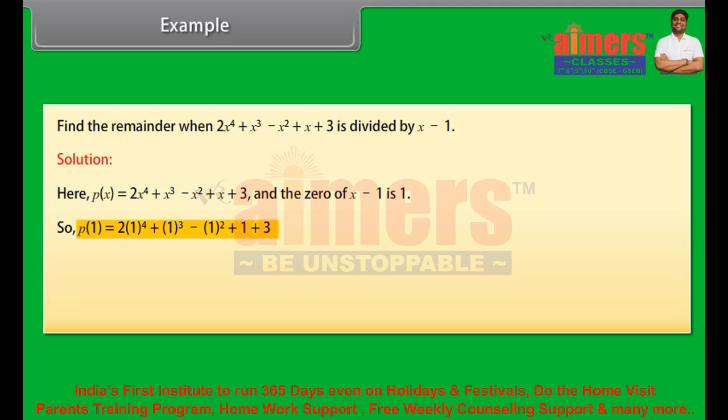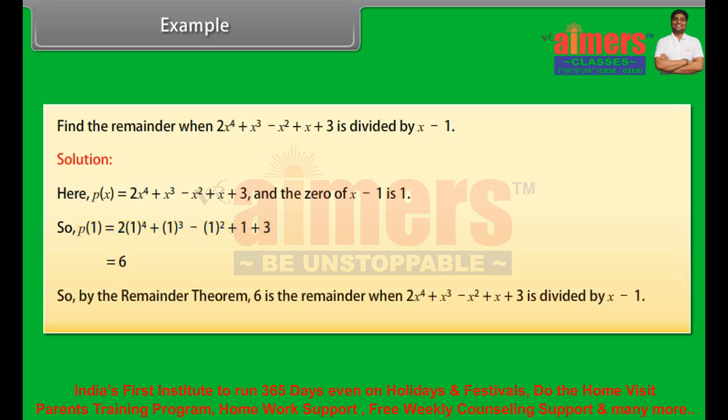So, P(1) is equal to 2 into 1^4 + 1^3 - 1^2 + 1 + 3, which is equal to 6. So, by the remainder theorem, 6 is the remainder when 2x^4 + x^3 - x^2 + x + 3 is divided by x minus 1.